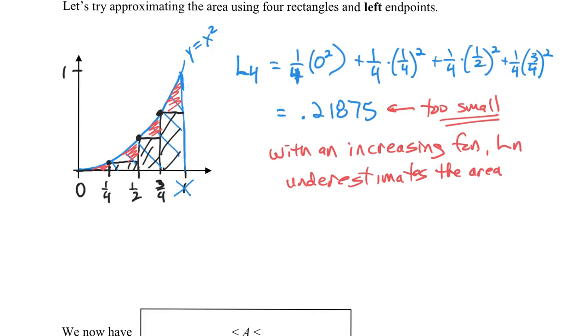Or to be consistent with the one above, I guess I should have said L sub n will be too big. But you get the idea, right? Because it's always going to pick the shorter side, so it's going to be too small.